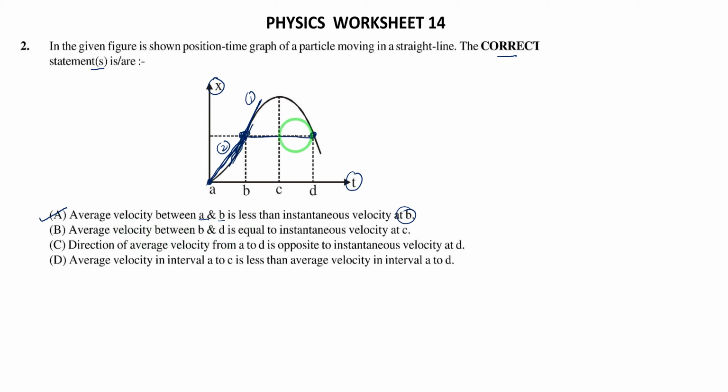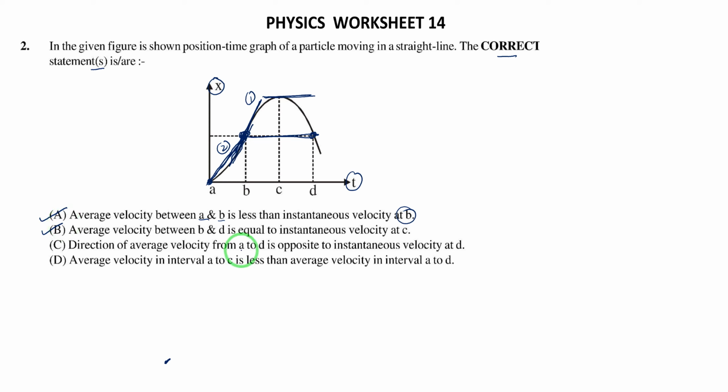So average velocity is 0 because the displacement is 0. This is the same position. Is it equal to the instantaneous velocity at C? It cannot be. Okay, sorry, it can be, because instantaneous velocity at C is horizontal and that is also 0, right? So B is also correct. Average velocity is 0 and instantaneous velocity at C is also 0.